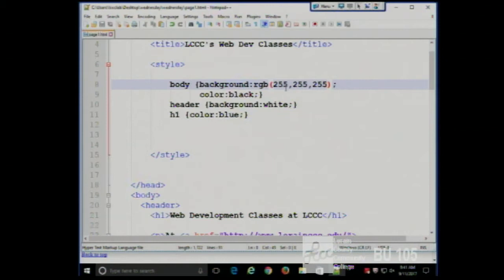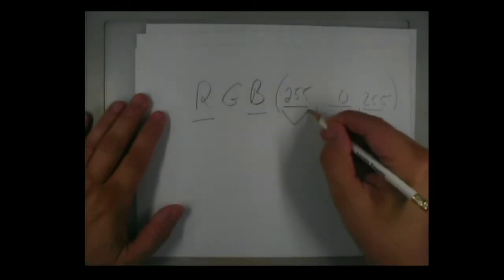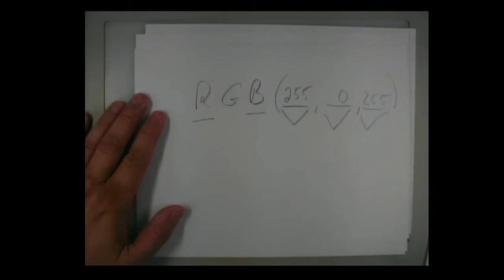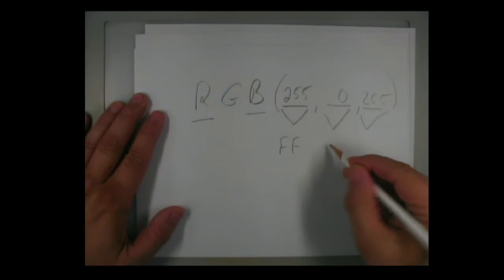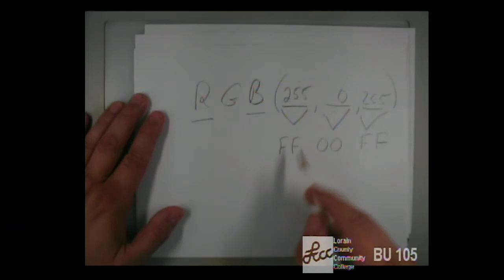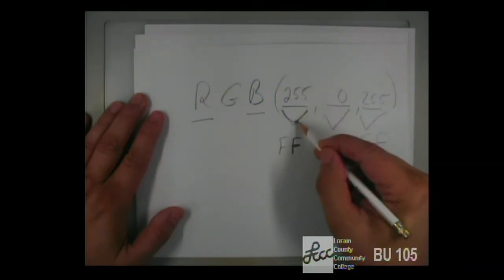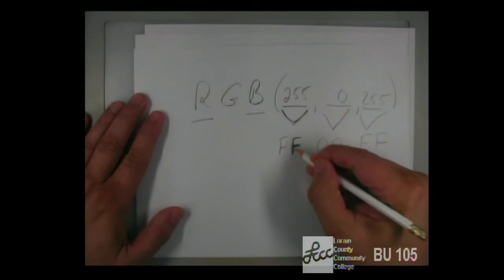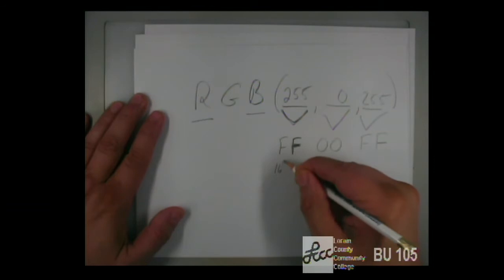All right? With hexadecimal, you have a base 16. So with hexadecimal, you turn these three numbers into three pairs of hex digits. This being the ones column, this being the 16s column.